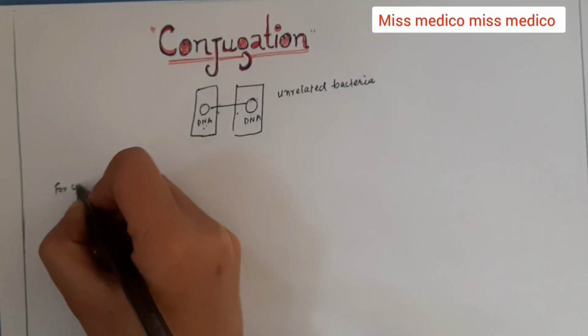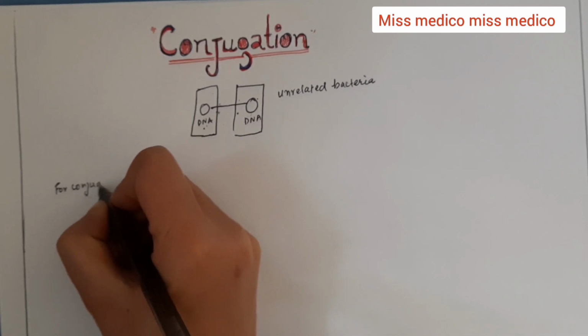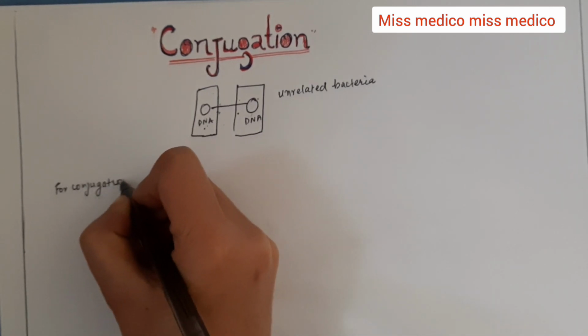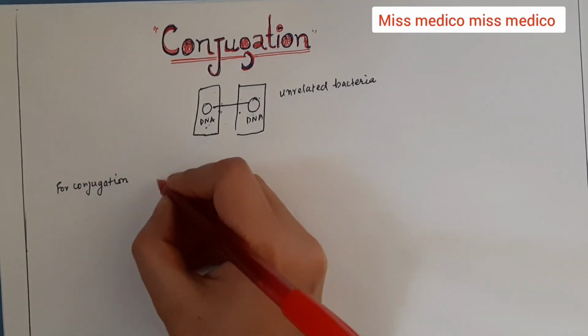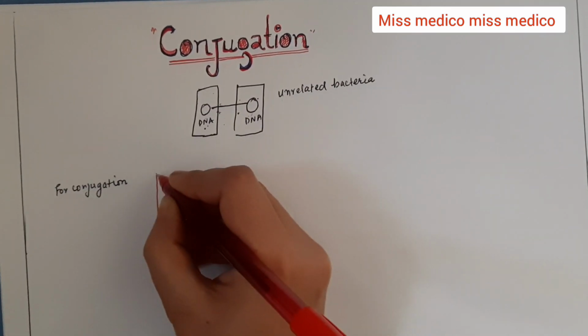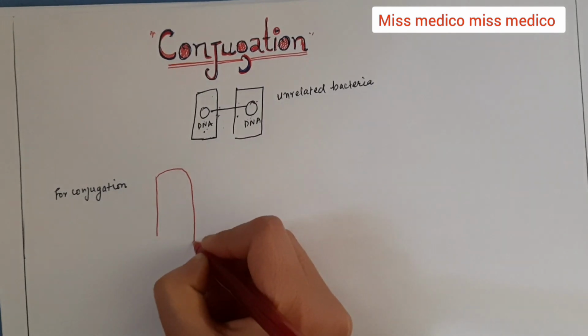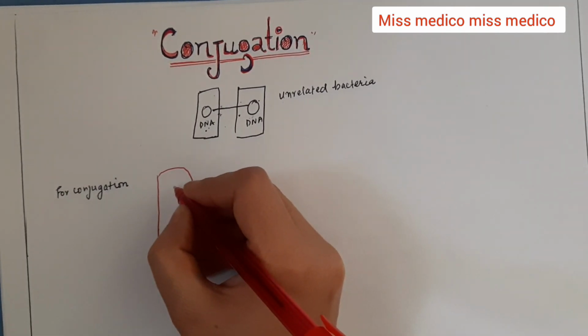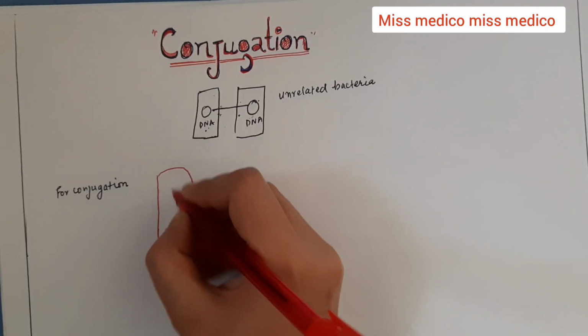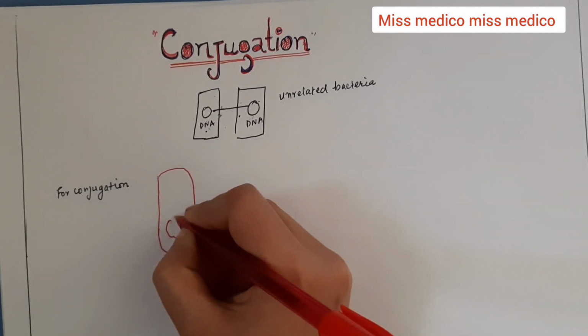For conjugation to occur, one bacteria must have this, the bacterial chromosome.